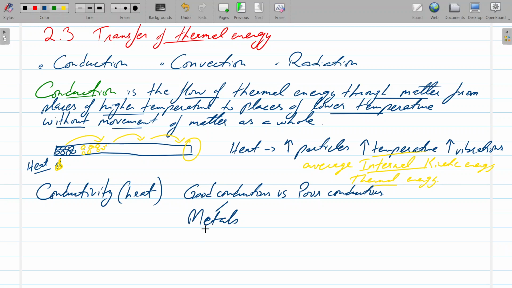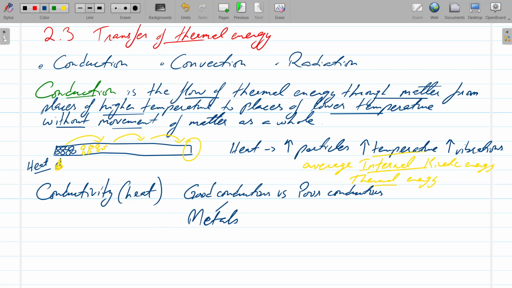And you may have experienced this if, for example, you have cooked food and you are using a metal spoon or spatula or something made of metal while cooking in the pot that's on the stove.